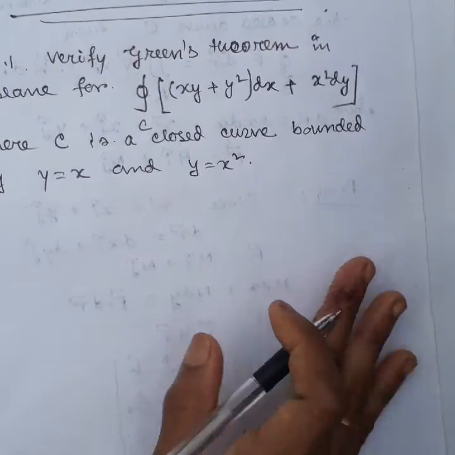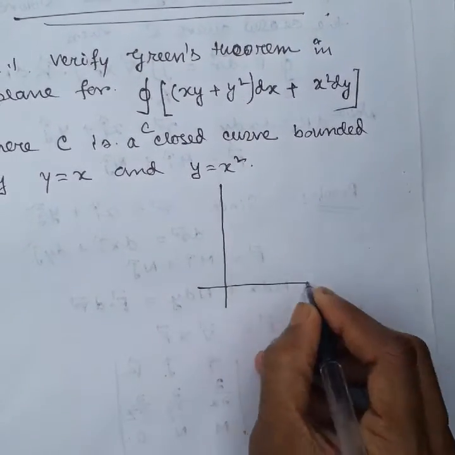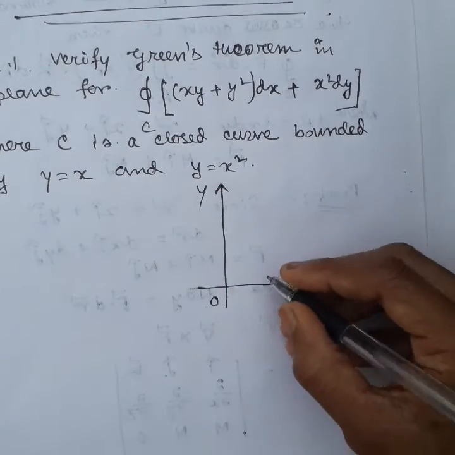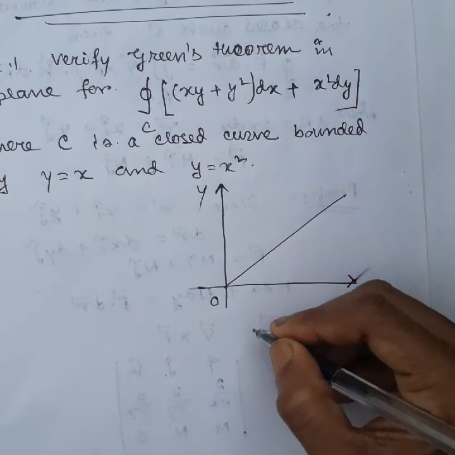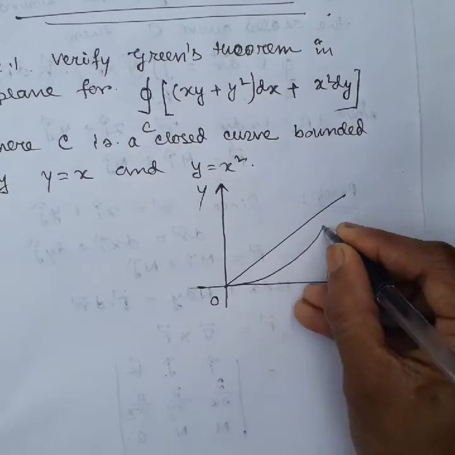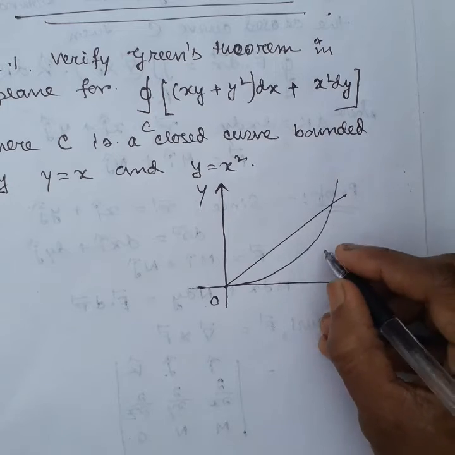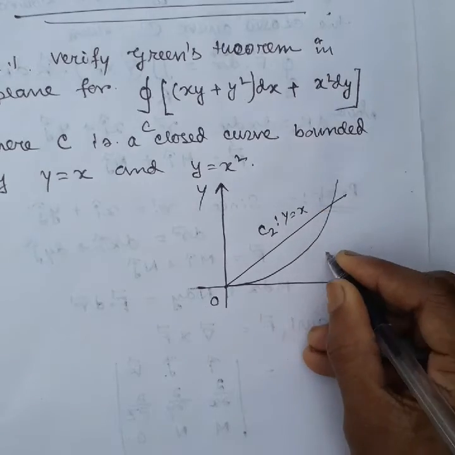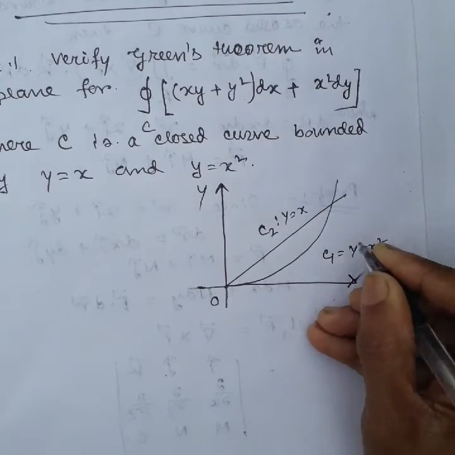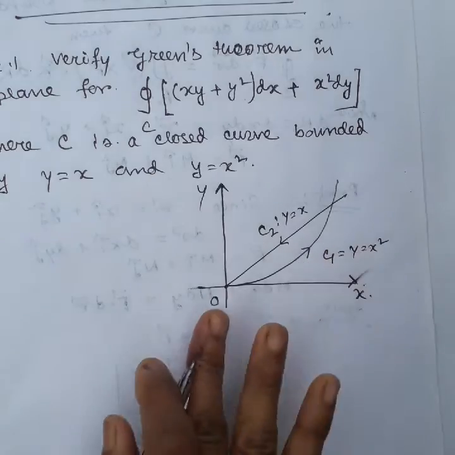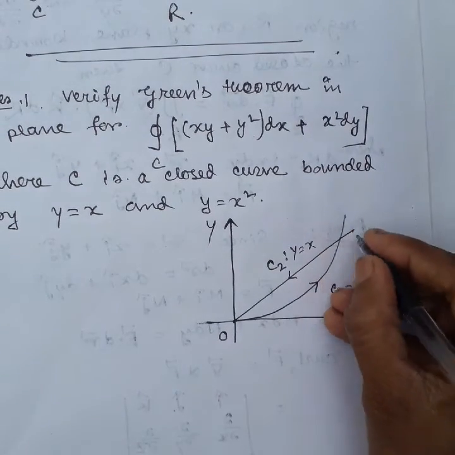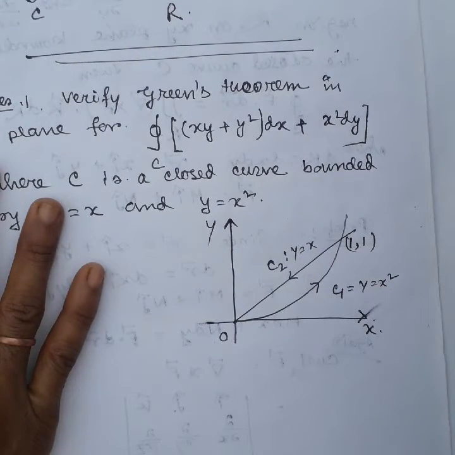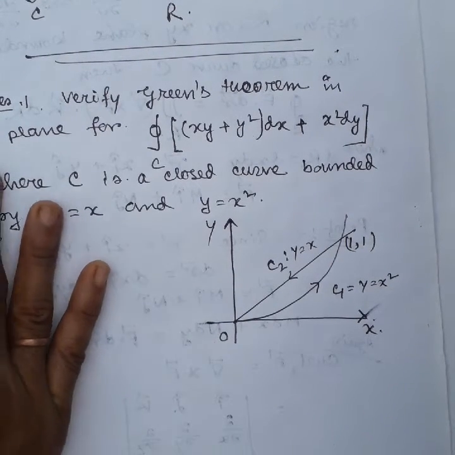Okay, so first we draw the curves. This is the line y equals x and this is y equals x square. This point is (1, 1). Clear?